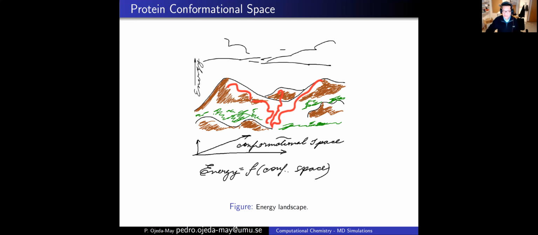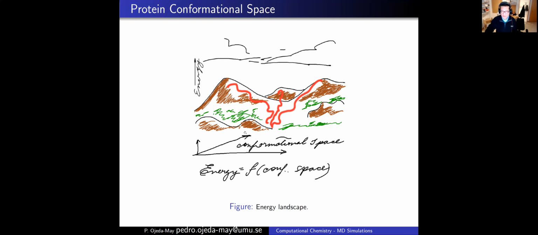This is a steep path, and that will be difficult to reach, right? But other times it will be easier because it's a valley and the terrain is flat, so you can go and do your sampling, so to speak, right?